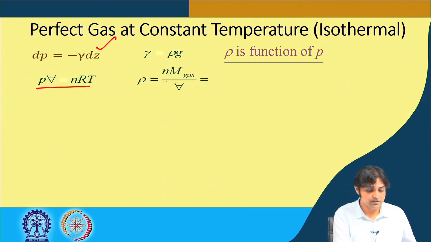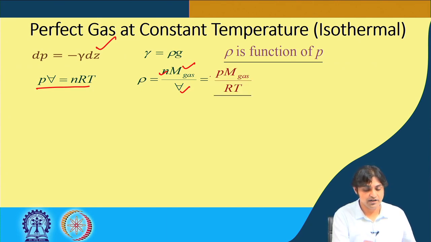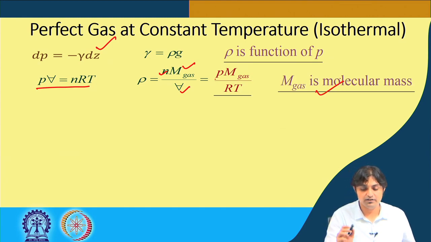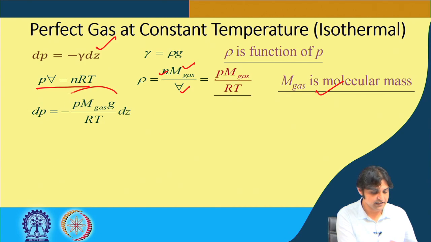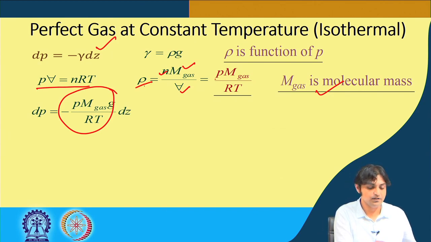So rho can be written as n times the molecular mass of the gas divided by volume, or in other terms we can write it as P m gas by RT, where m gas is the molecular mass which we have seen in lecture number 1. So dP will be minus gamma dz. This is minus gamma, right, correct, because we have already seen here, we just multiplied the density with g here.